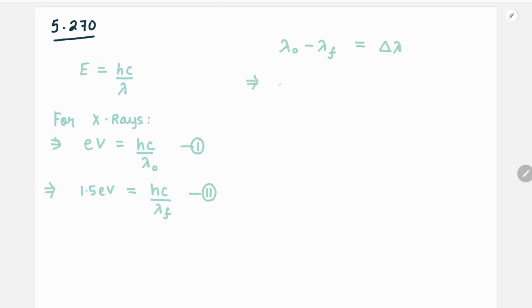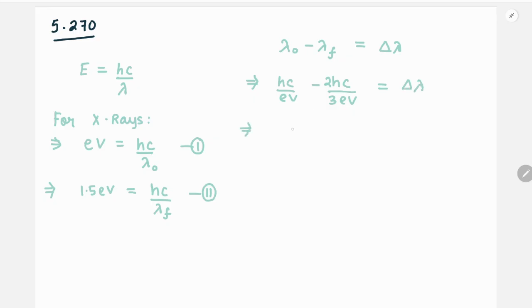So if we substitute the value of lambda naught from here, it is hc by eV minus hc by 1.5, that is 3 by 2 eV, and this is equal to delta lambda.